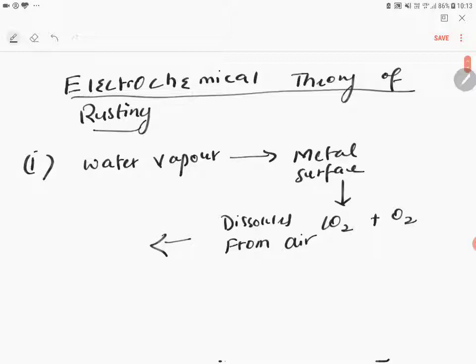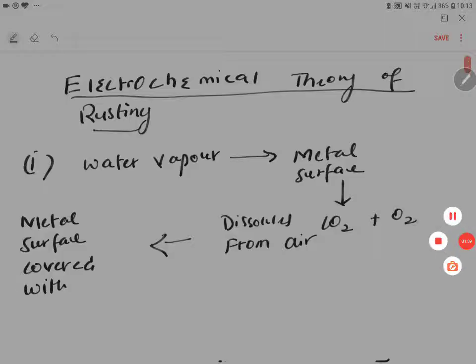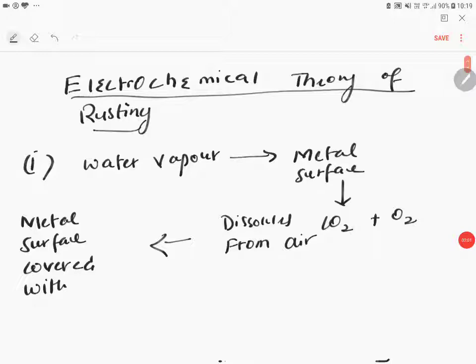Therefore, the metal surface is now covered with a solution of CO2 in water.